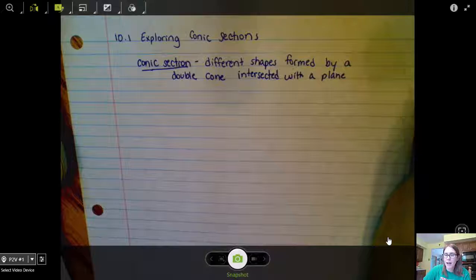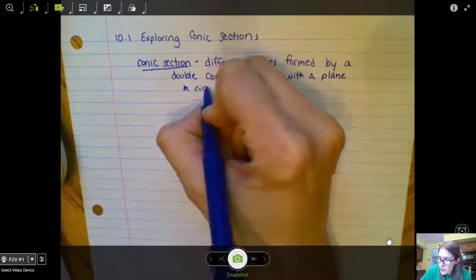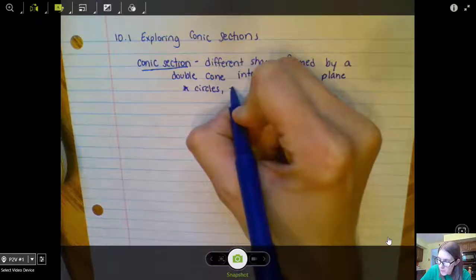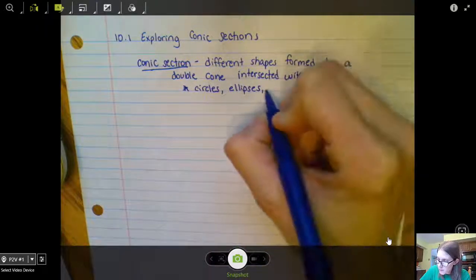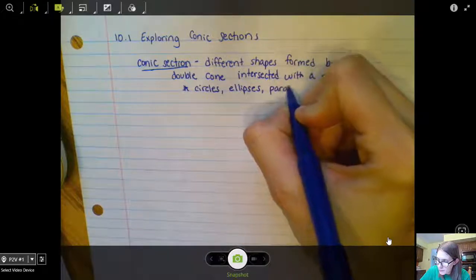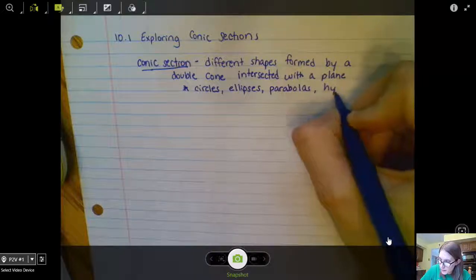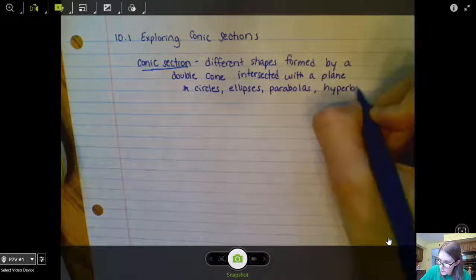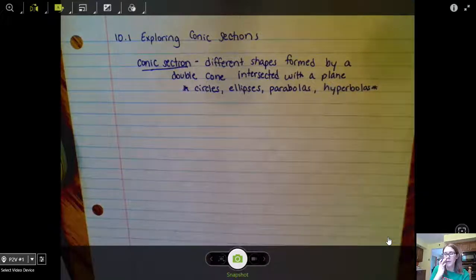And we saw in our exploration our four conic sections are circles, ellipses, parabolas, and hyperbolas. Those are our four conic sections.